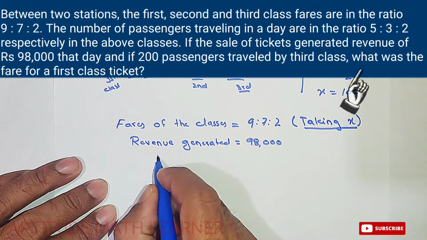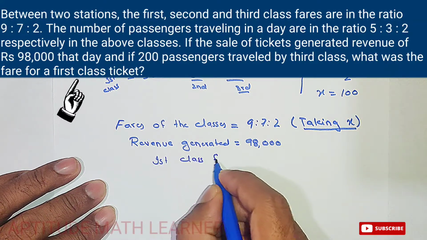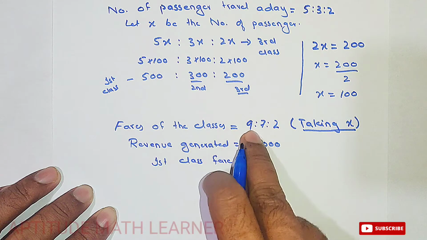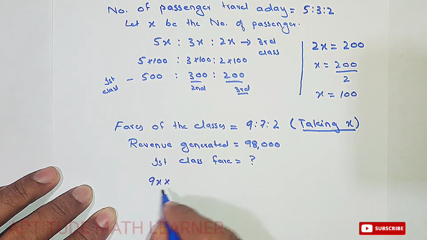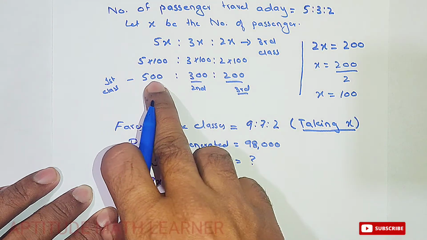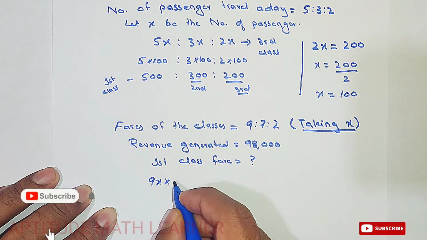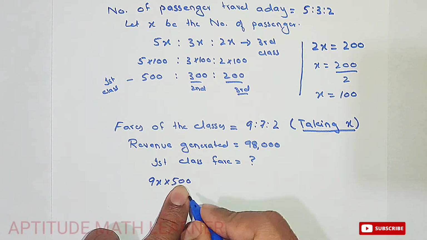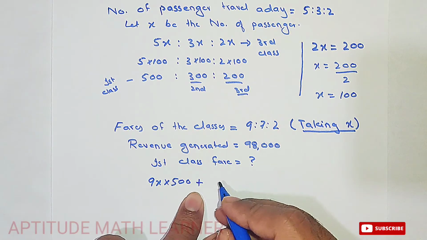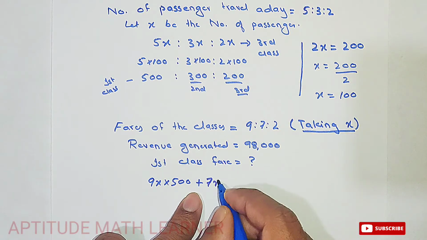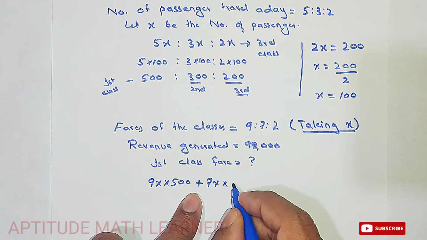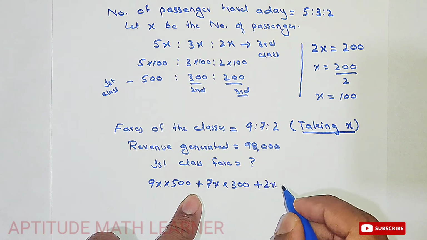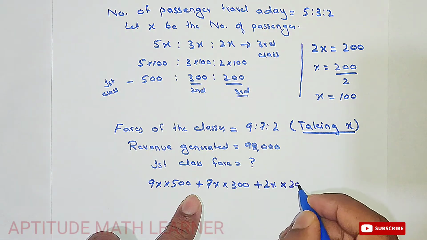We have to find the first class fare, which is what the question asks. So the fare of the first class is 9x multiplied by 500 people, plus 7x for the second class multiplied by 300 people, plus 2x multiplied by 200 people.